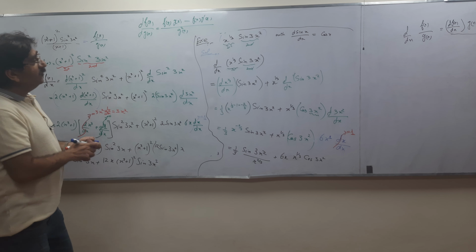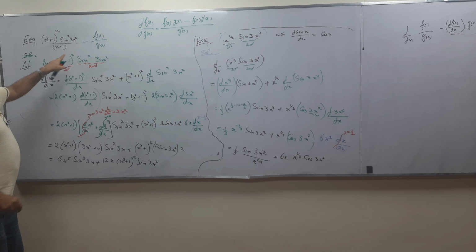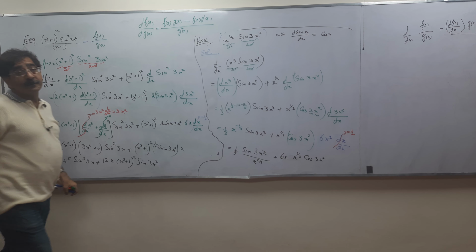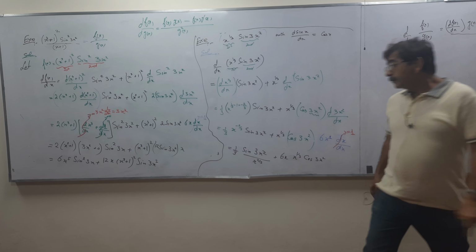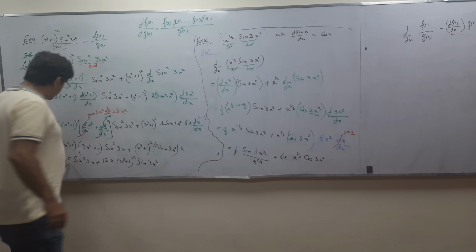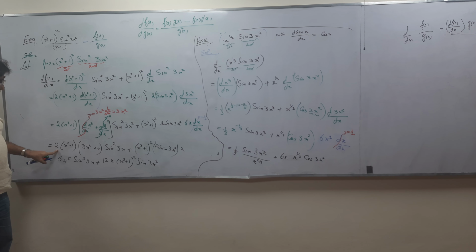Now what will be the derivative of gx? We have to find the derivative of gx, and gx is x plus 1. Okay. This 2 multiplied with 3, this is 0.